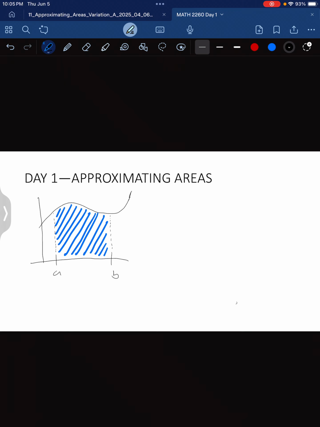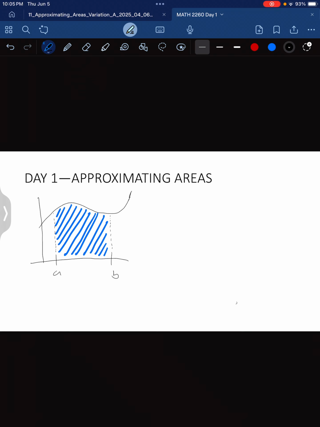If the function's particularly nice, like if the function is, say, a linear function, you can just use some basic geometry to calculate the area. You know, if it's a horizontal function, then you would just have a rectangle, and so the area would just be the rectangle formula. But that gives us an idea, actually.